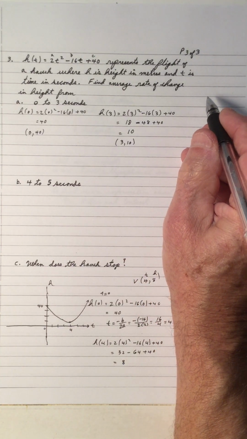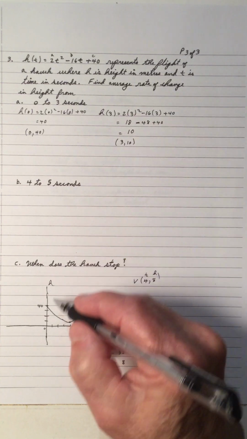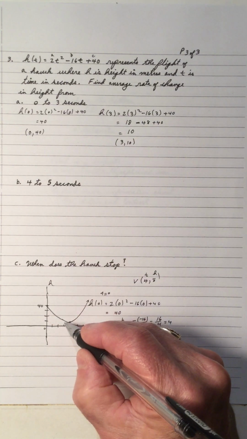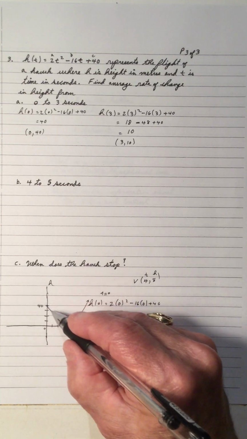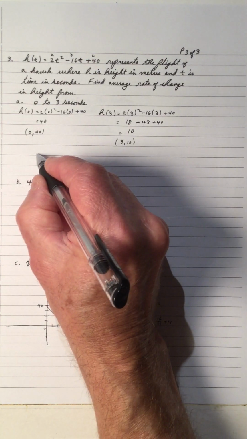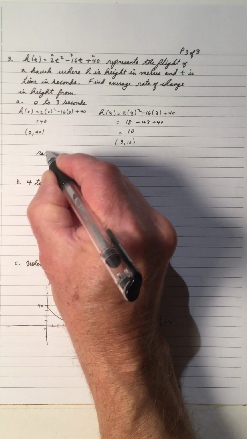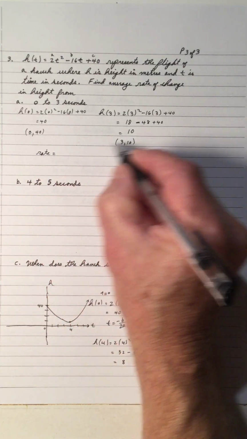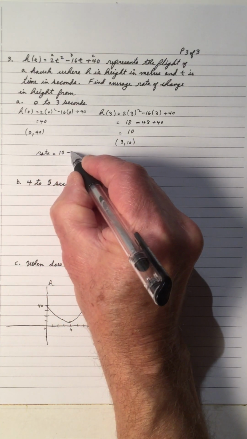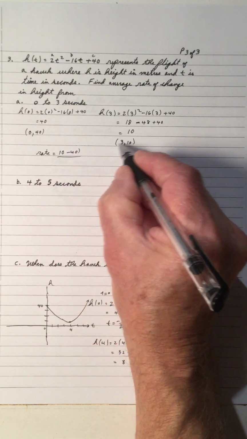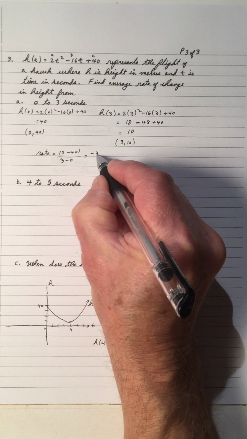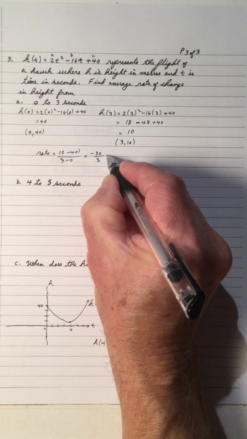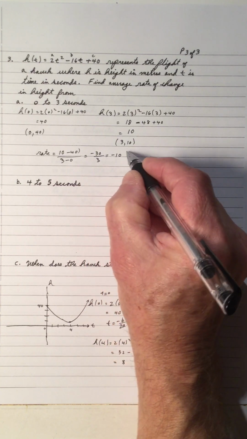So what's the average rate of change? Well, you can see from this that it's going down, so the height is decreasing, so it's a negative slope. So the rate is 10 minus 40 over 3 minus 0. So that's negative 30 over 3. So it's a negative 10.